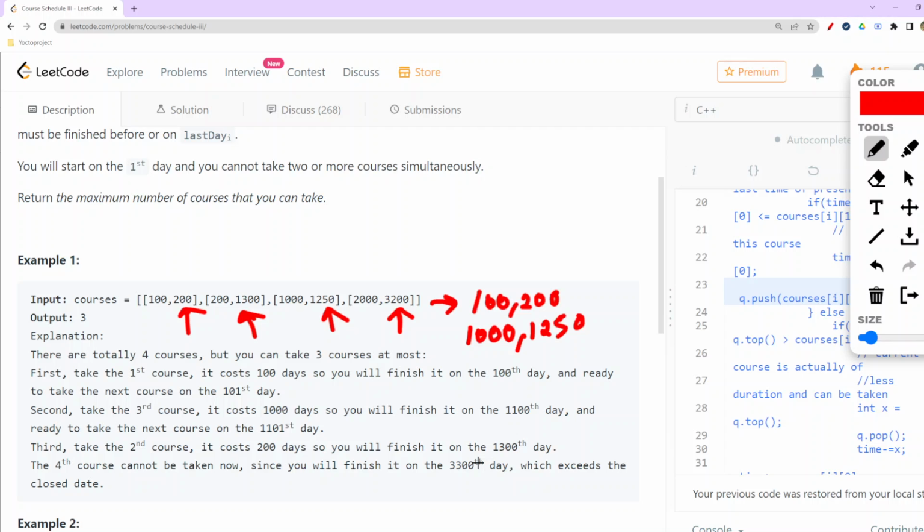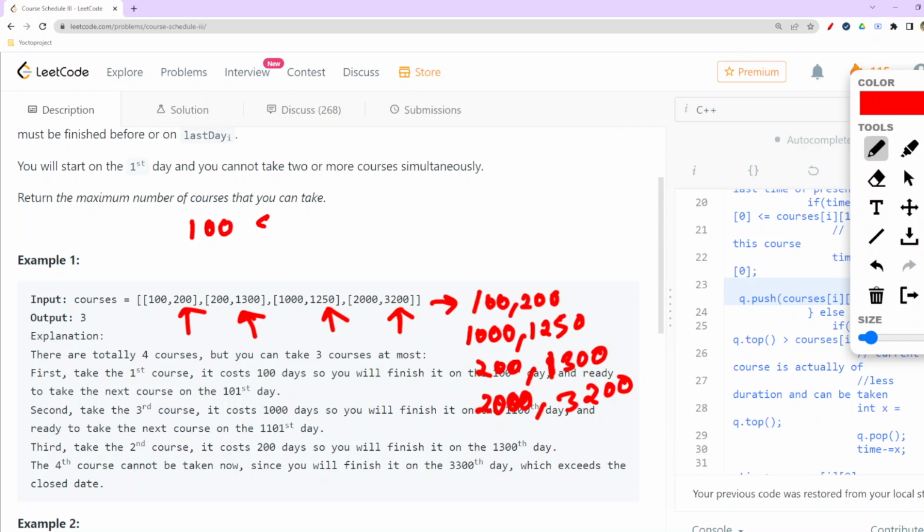Now we can take it easily, whereas earlier we were having an issue. So now we can easily take up the courses in this manner.